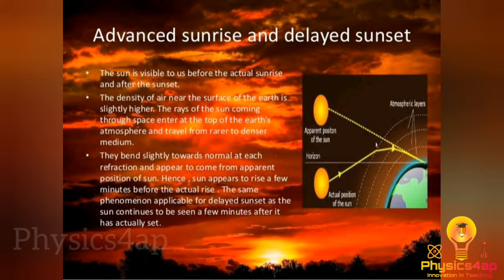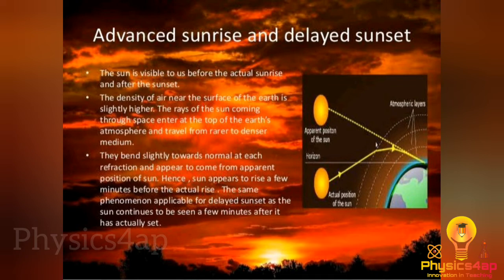The rays of the sun coming through space enter at the top of the earth's atmosphere and travel from rarer to denser medium, so they bend slightly towards the normal and appear to come from an apparent position, that is, from a different position. Hence the sun appears to rise a few minutes before the actual sunrise, and the same phenomenon applies to the delay of the sunset.